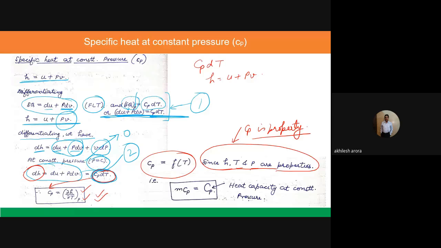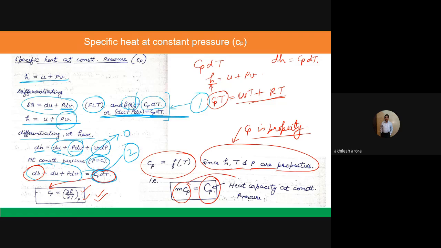If you see this particular equation, because we have just defined that dH is equal to Cp dT, here I can write H is equal to CpT, and U will be equal to CvT plus PV. PV is equal to RT. So if you see this, Cp is also in some way a function of temperature only. Okay, and then here we have calculated capital Cp is equal to m into small cp.